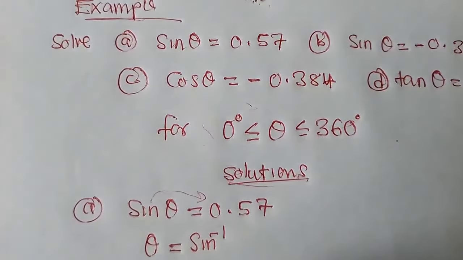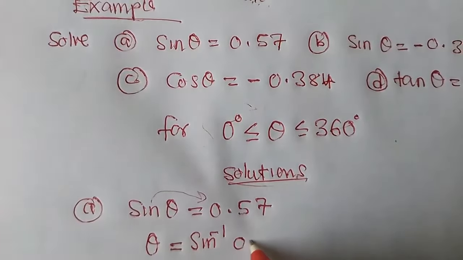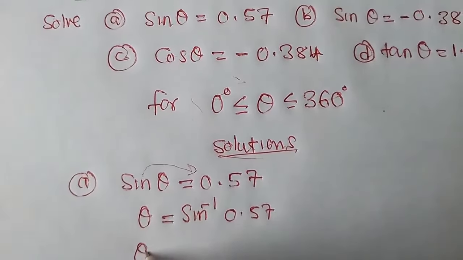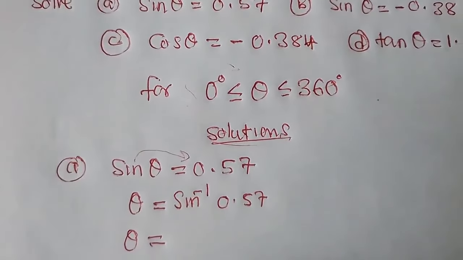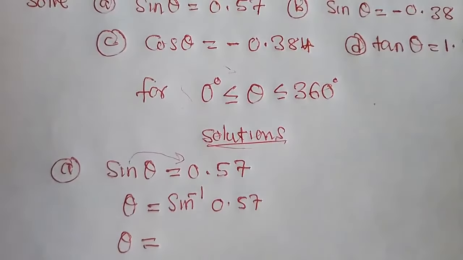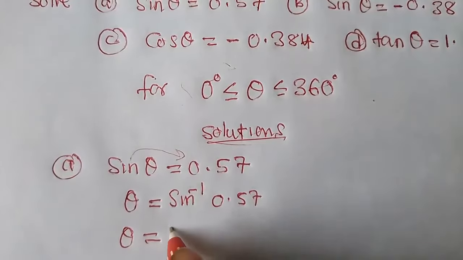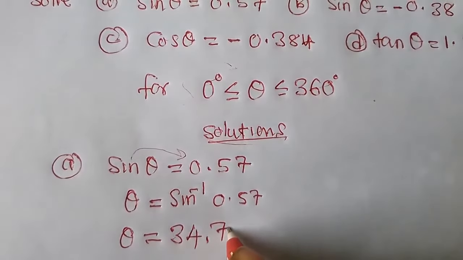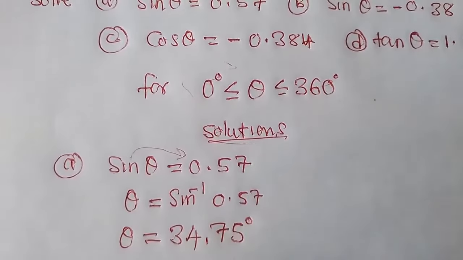So theta is equal to sine inverse of 0.57. What is the answer? The answer is 34.75 degrees.